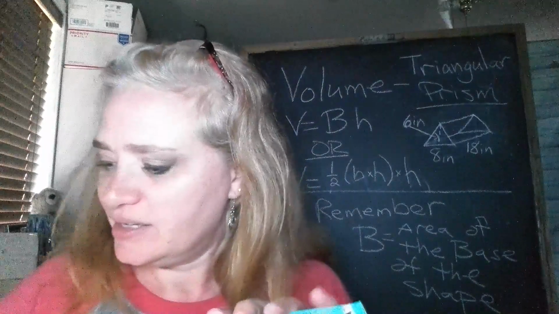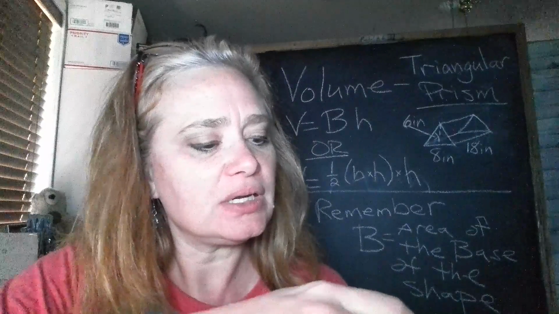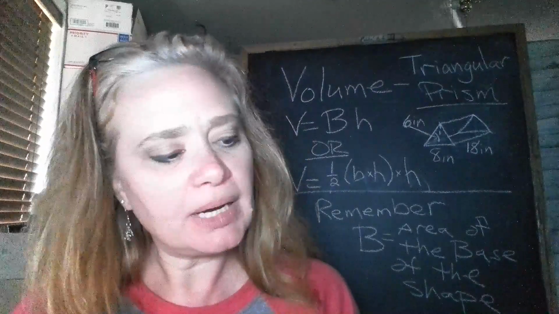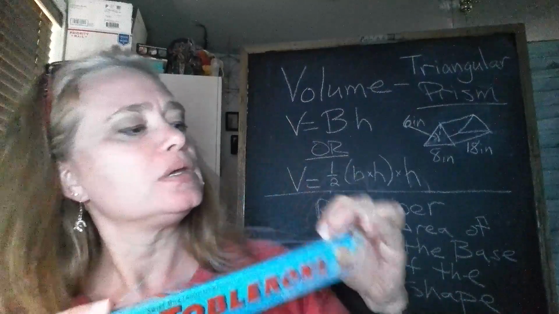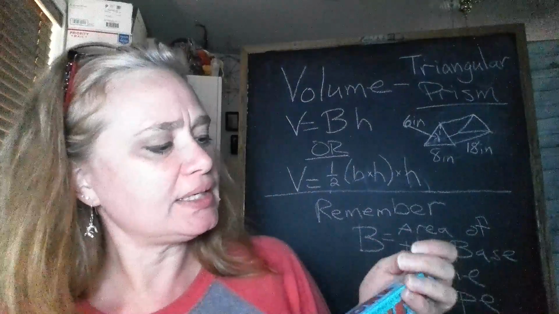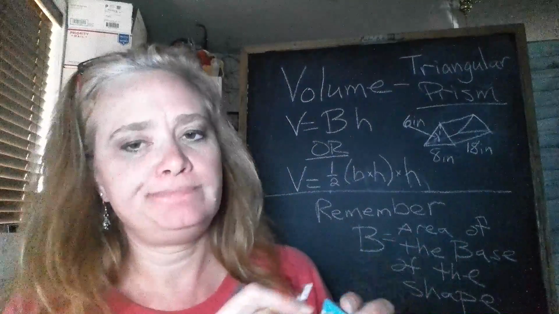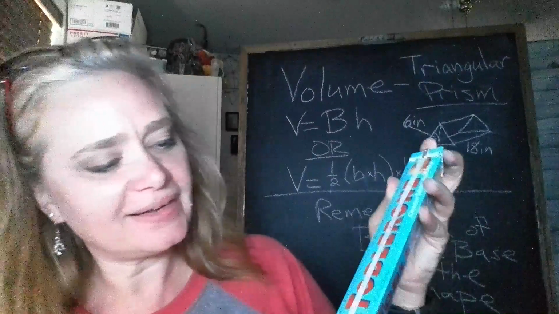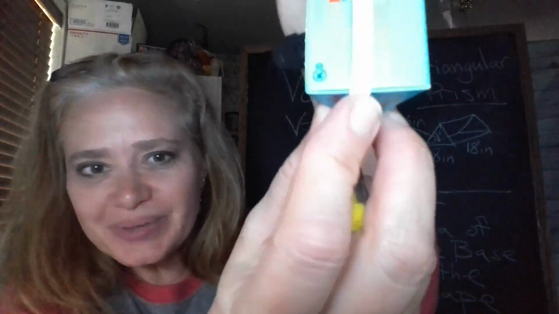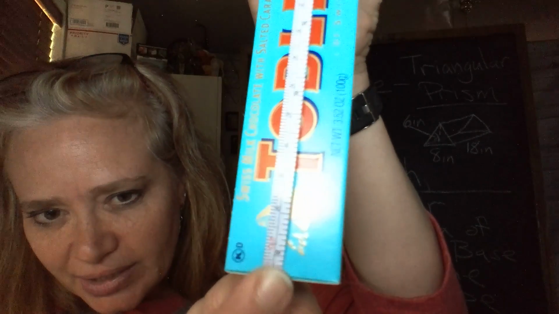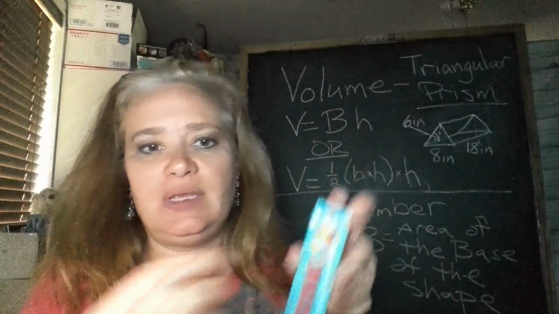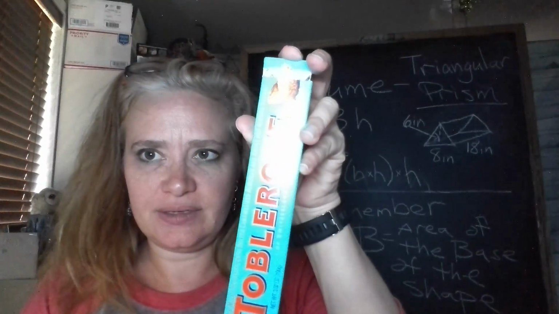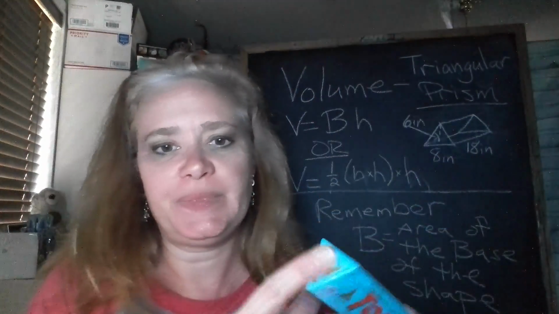All right. So when I measure, here we go. My height, because remember, my triangles are on both ends. My Toblerone candy is about, that glare is just going to be the death of me. We're going to round it and call it about 8 inches tall. So it has a height of 8 inches.